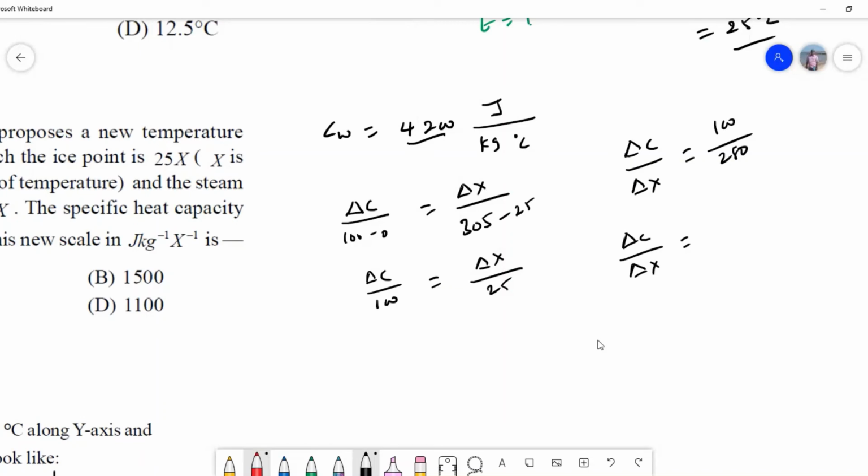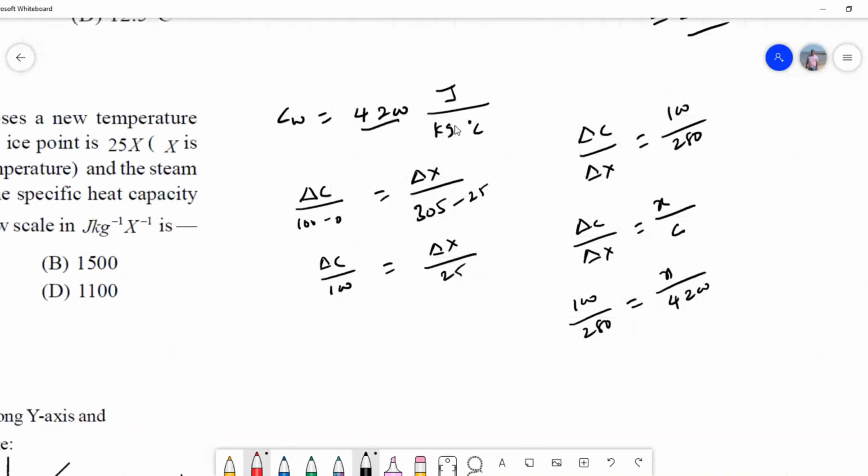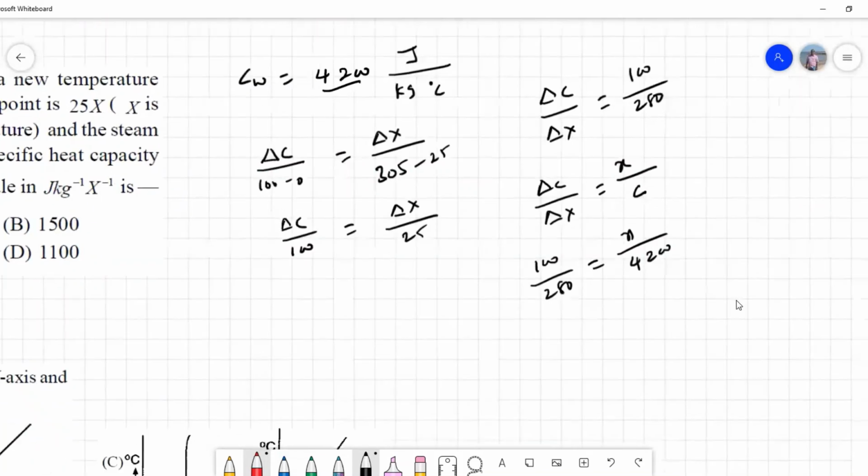The value we need to find is X upon C, that is the value of specific heat in Celsius. So I can write 100 by 280 is equal to X by 4200, because these are inversely proportional values.